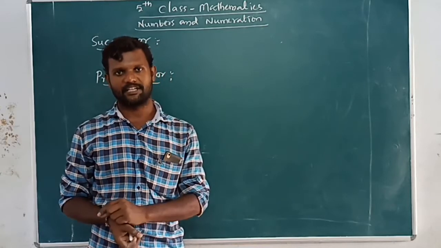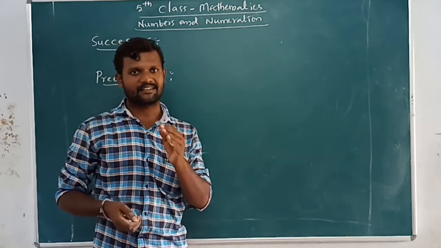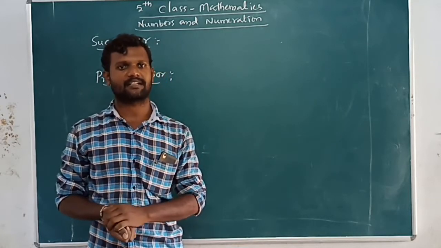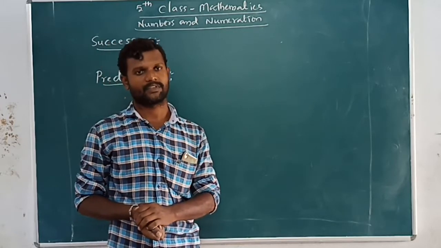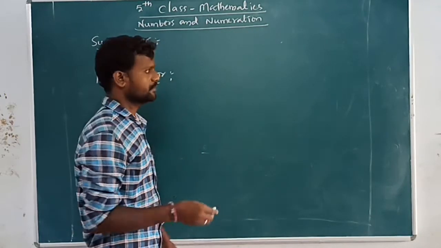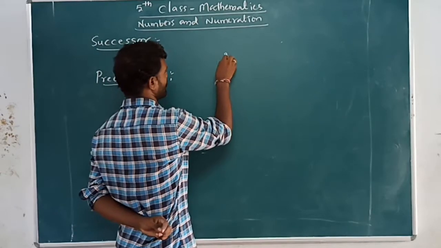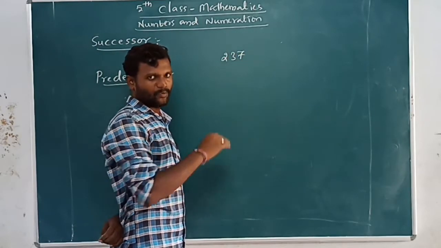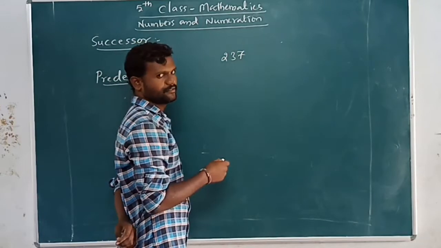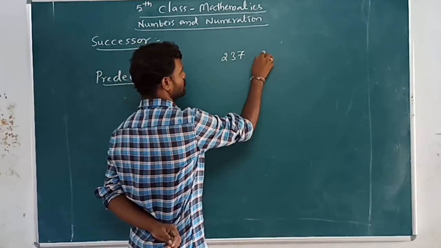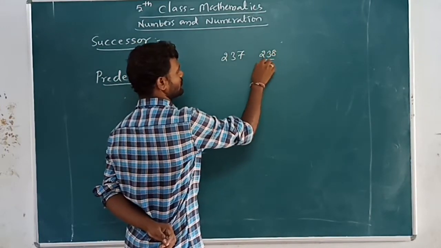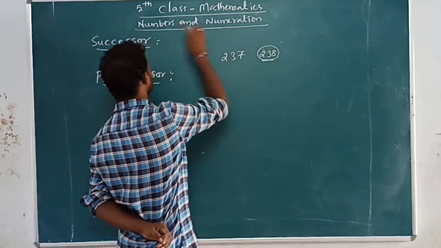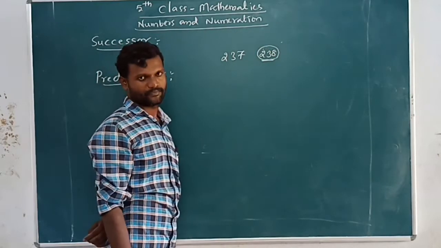If a number is given, the number that comes just after it is called the successor. For example, I have given the number 237. What number comes after this? 238. So this 238 is called the successor.